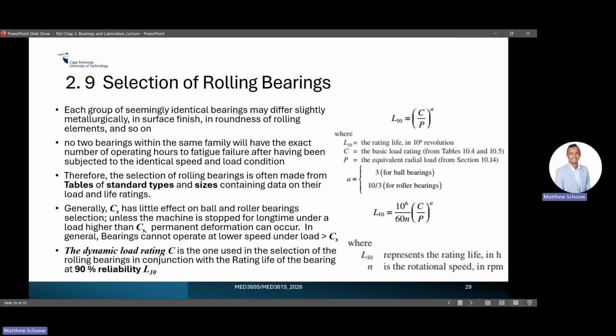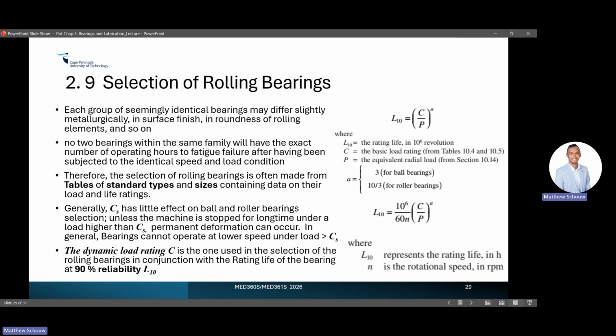That's a factor specified in the question, and you have to apply that to the formula. And obviously you can compute this in terms of hours as well. You'll notice in the difference between these two, you've got the 60 and you've got the N, the rotational speed, and we divide by 60 to get it in hours.